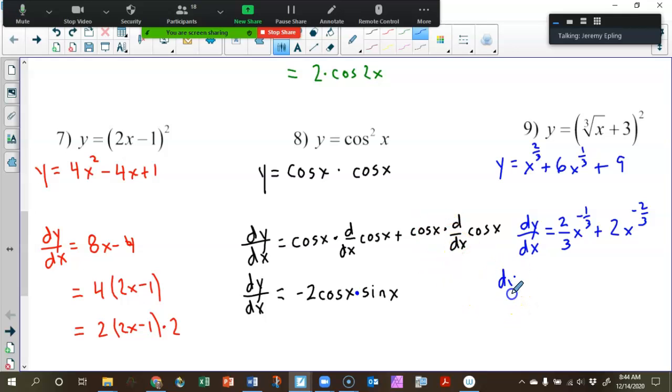In number 9, we can factor out a greatest common factor here. We're going to factor out an x to the negative 2/3.